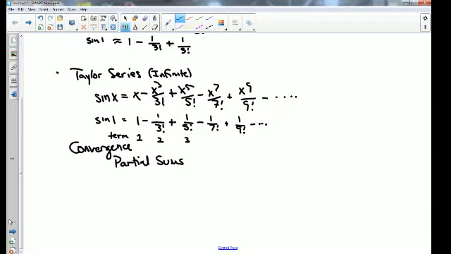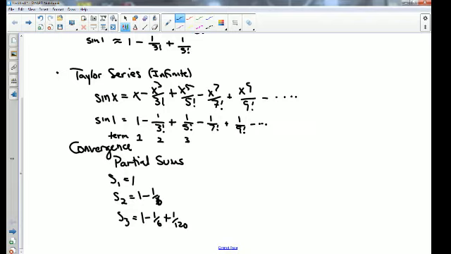Okay, so what is the sum of term 1? 1, right? But what is the sum of the first two terms? 1 minus 1/3, right? What is S3? Yeah, it's 1/6, because it's 3 factorial. I thought that didn't look right. What's S3? 1 minus 1/6, 1/4.